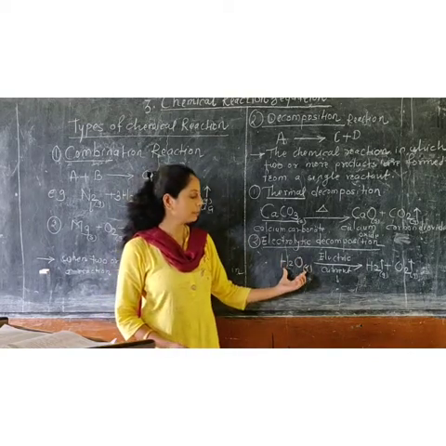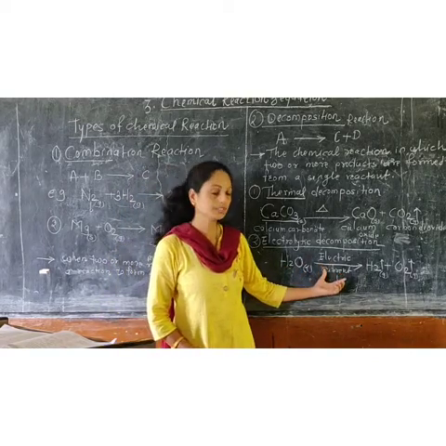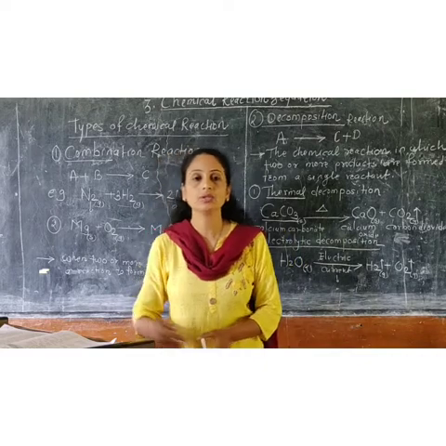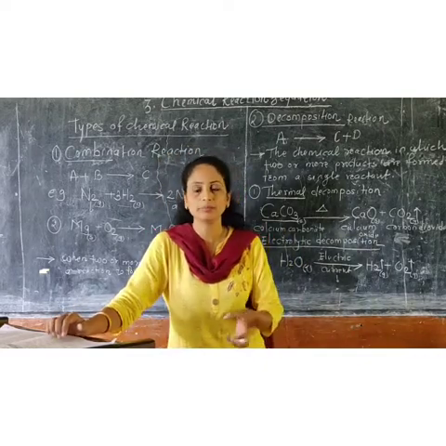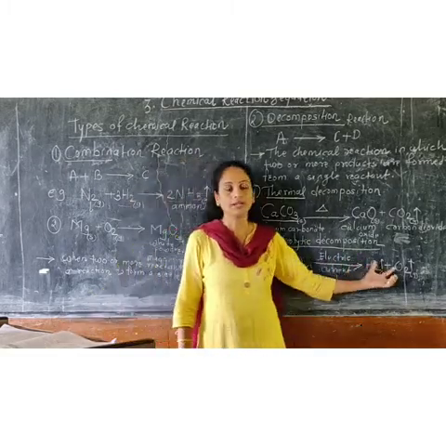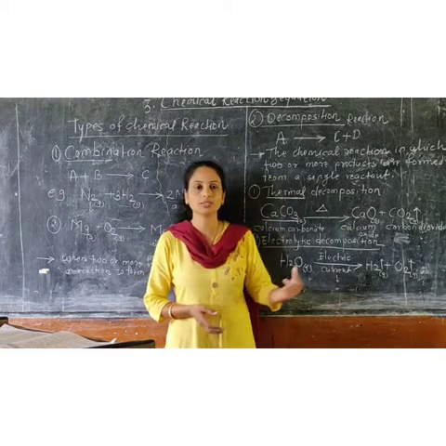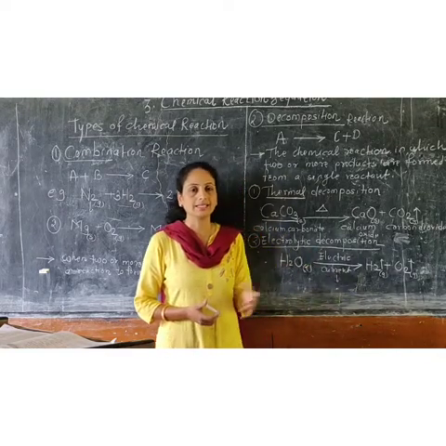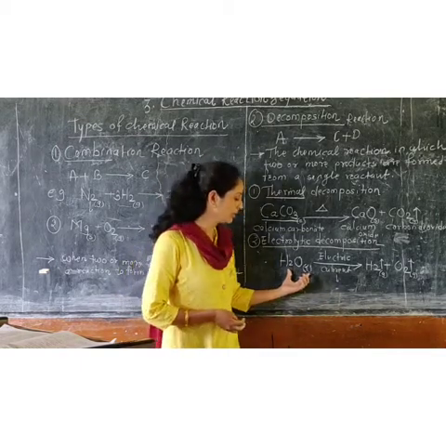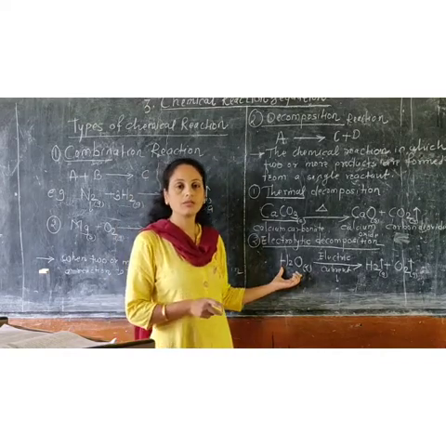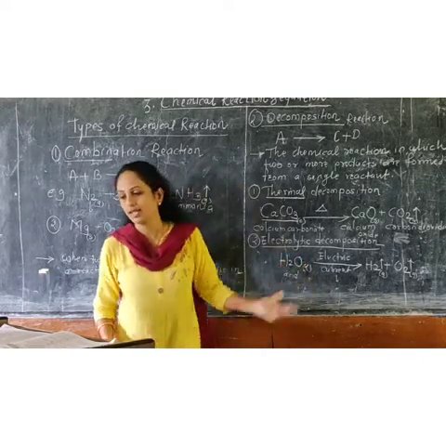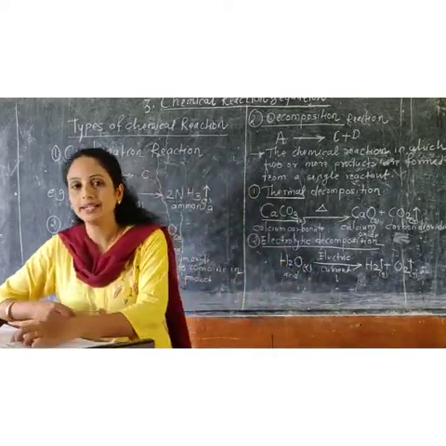So here the compound water, when an electric current is passed through it, undergoes electrolysis. Hydrogen is liberated at the cathode and oxygen is liberated at the anode, and electrolytic decomposition of the water molecule takes place. But a small amount of acid is added into this water, and therefore it is called acidulated water.